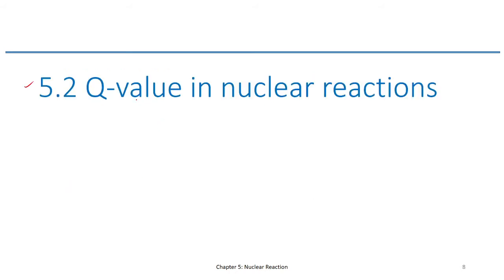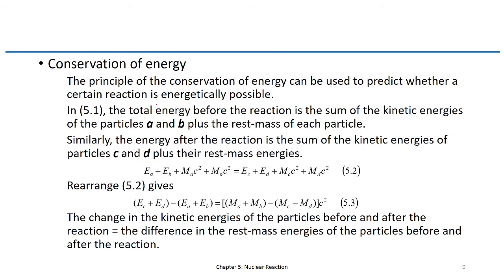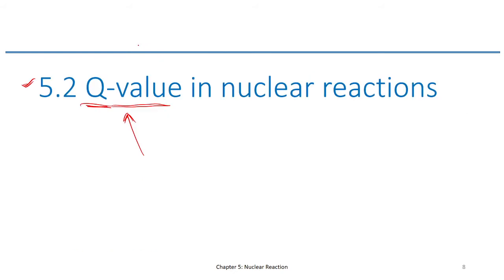If I state the conclusion first, the conservation of energy in nuclear reaction will give rise to what we are familiar with, which is the Q value. Like in the decay process, Q value is the energy that you can get in any decay process.